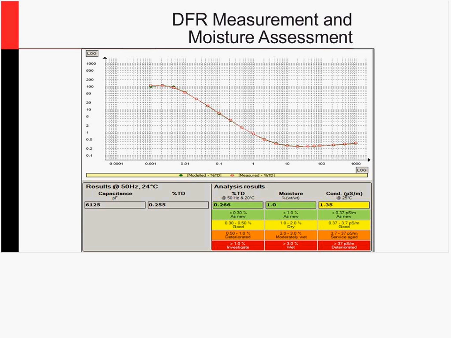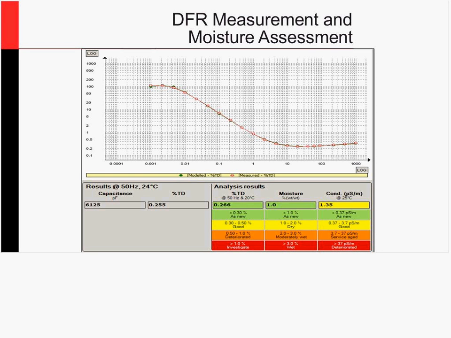This next slide just shows you in this red curve an example of what a measurement looks like. This is essentially your power factor, or tan delta in this case, versus frequency. You may or may not be able to see behind the red curve, particularly at the lower frequencies, a little bit of a green curve. This is the modeled curve that the software is fitting to the measured curve.